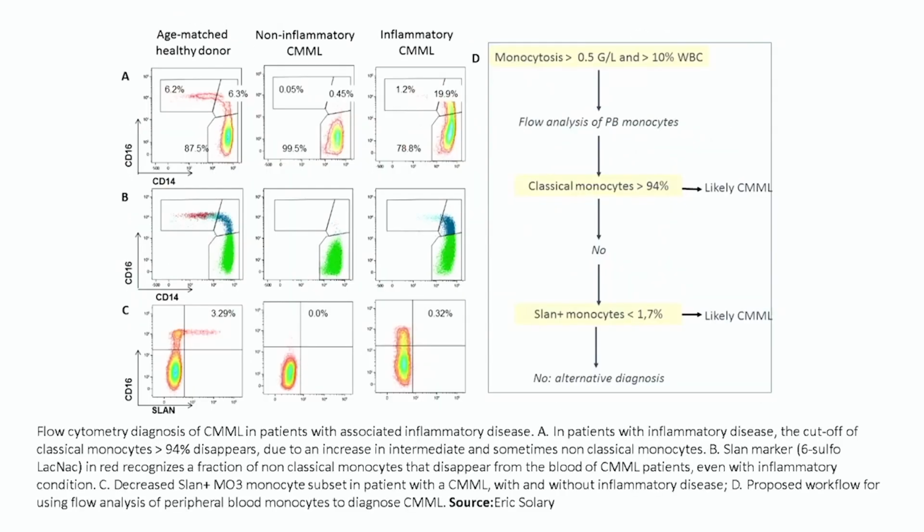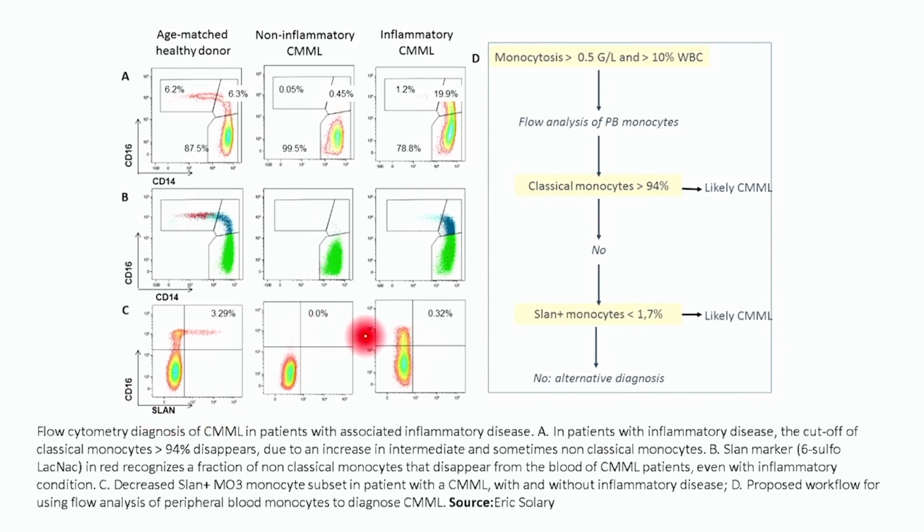They mention some other alternative tests. They call it SLAN positive monocytes. In the SLAN positive monocytes, usually the healthy donor will have some positivity in SLAN together with CD16.